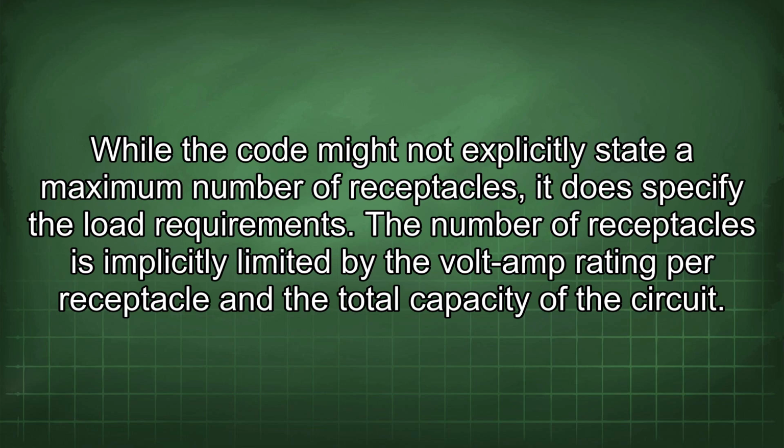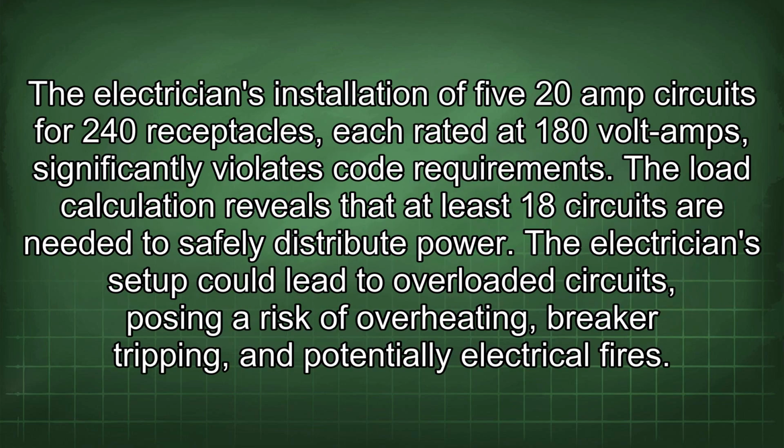The number of receptacles is implicitly limited by the volt-amp rating per receptacle and the total capacity of the circuit. The electrician's installation of 5 20-amp circuits for 240 receptacles, each rated at 180 volt-amps, significantly violates code requirements. The load calculation reveals that at least 18 circuits are needed to safely distribute power.